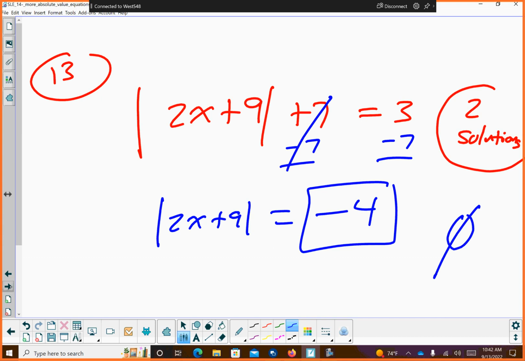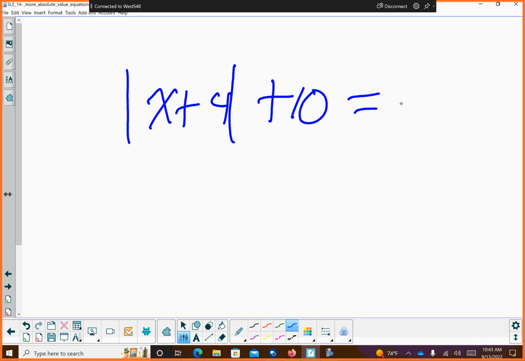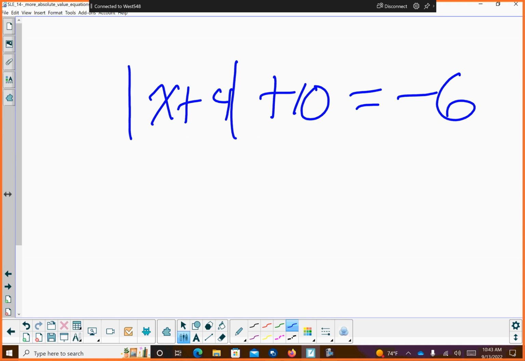Now, the difference between the two is if I had this, this is an arbitrary question. Does this one have no solution?